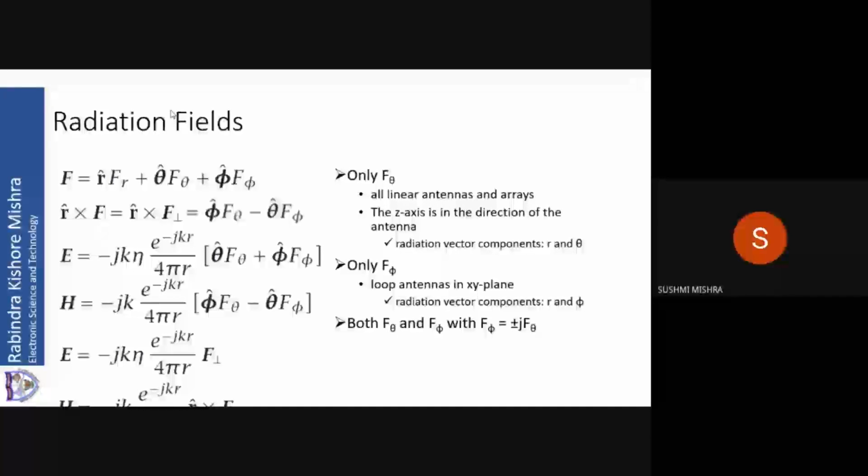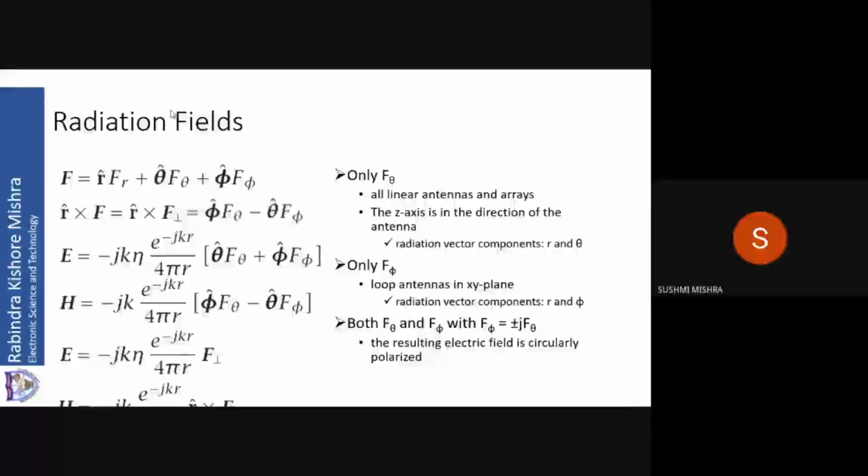Both F theta and F phi, with F phi equal to plus or minus j F theta, which means F phi and F theta are in phase quadrature. This will occur when we get the resulting field as a circularly polarized field.